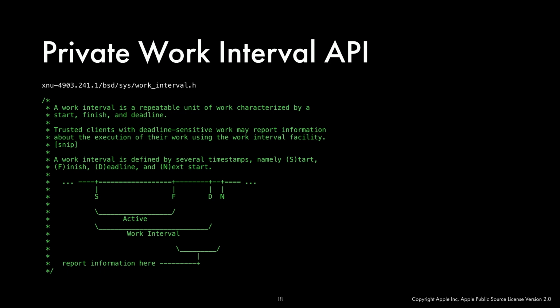And it's an interesting API to understand. This is used internally in iOS in mediaserverd, so that the system can declare to the scheduler and to the performance controller how long a real-time task is taking. It declares the start time of a work unit, so a buffer, what time it actually finished, what the deadline is, and what the next start time is. And the information is actually reported after doing the work, not before.